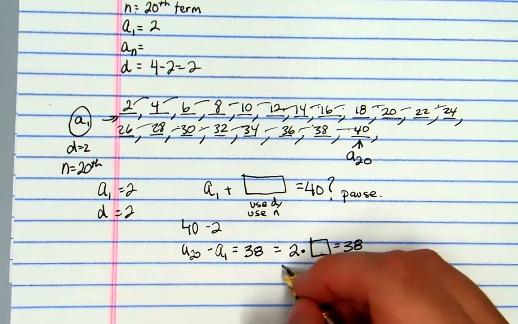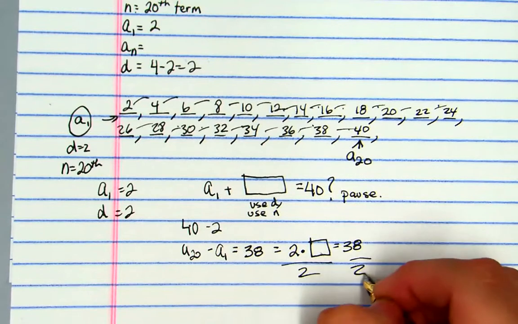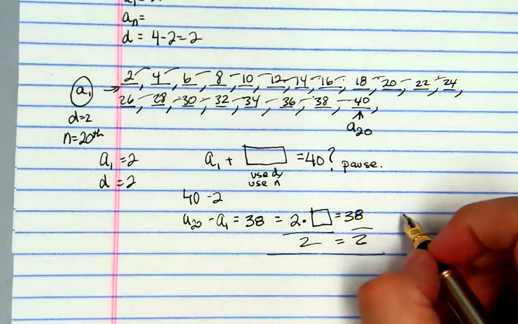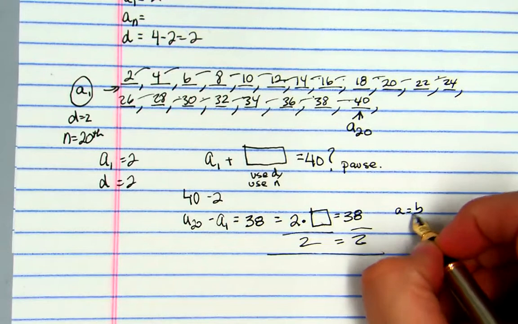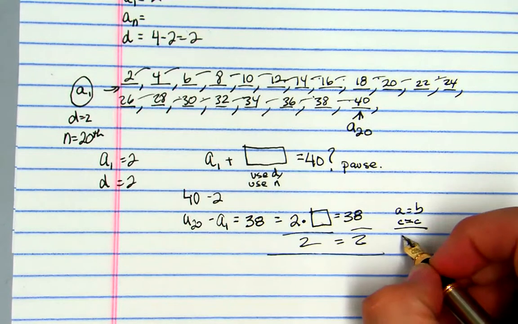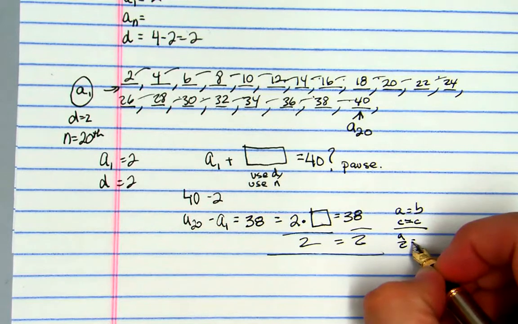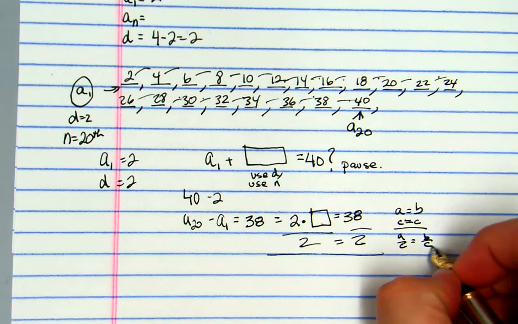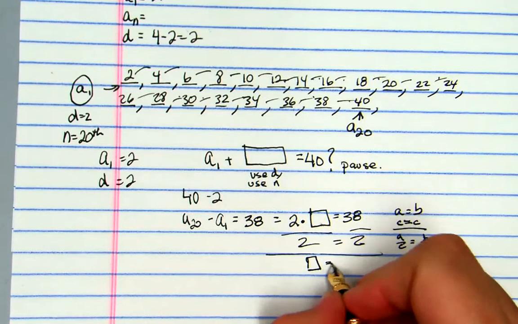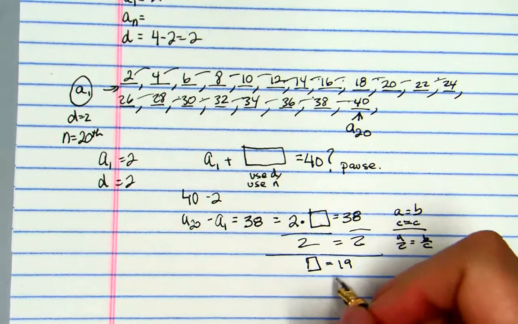Well, do the math. Divide by 2, divide by 2. Because that's the property, remember? If A equals B, then A divided by C is equal to B divided by C. If I do that, the unknown becomes 19.